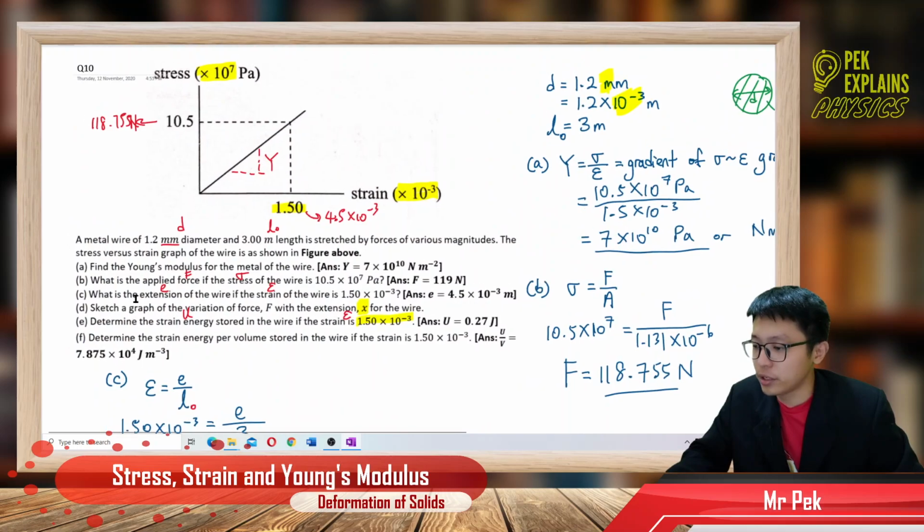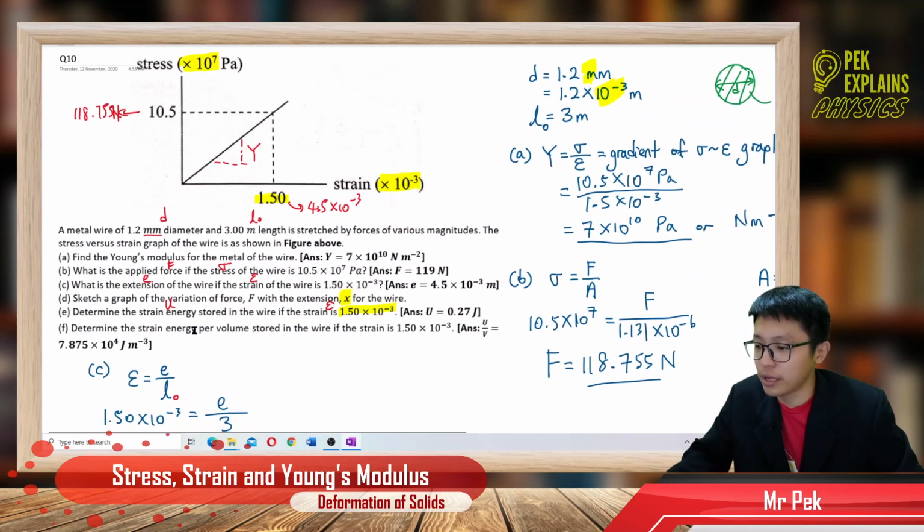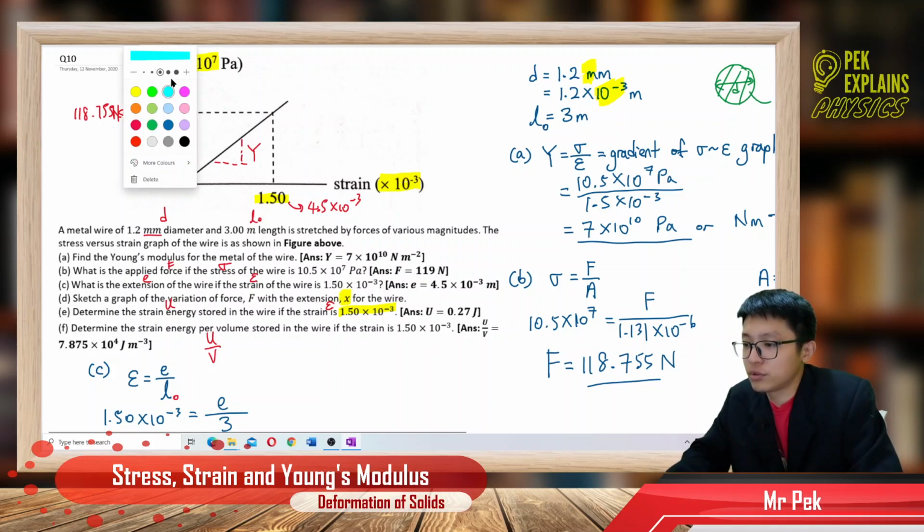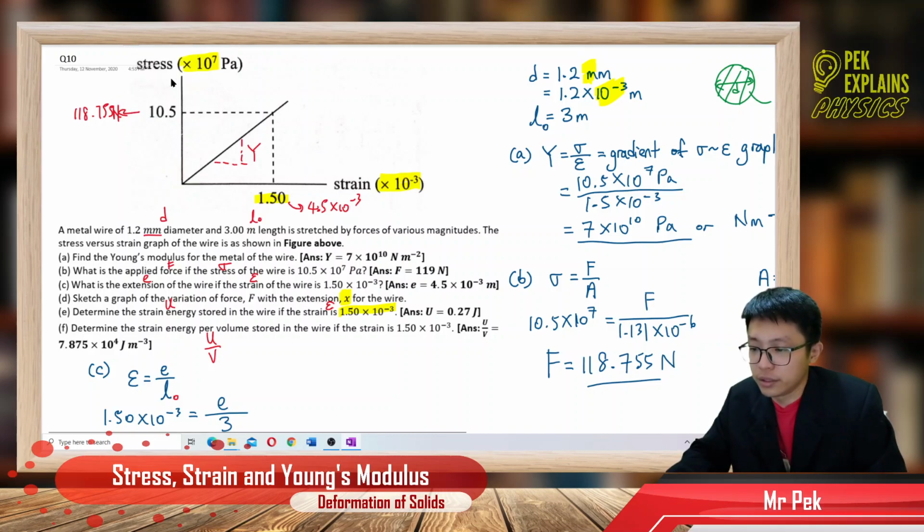Now, question F. Determine the strain energy per unit volume. Now I want the strain energy per unit volume if the strain is, again, the same strain 1.5 exponent negative 3.